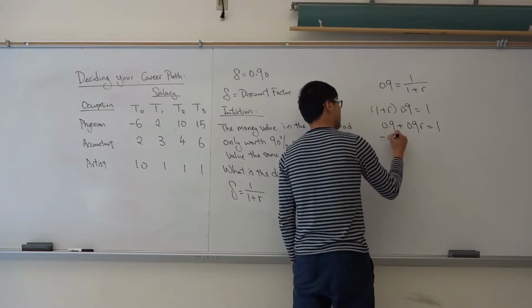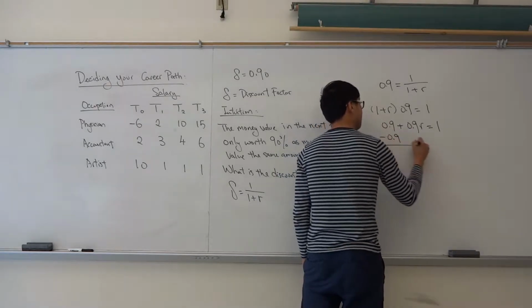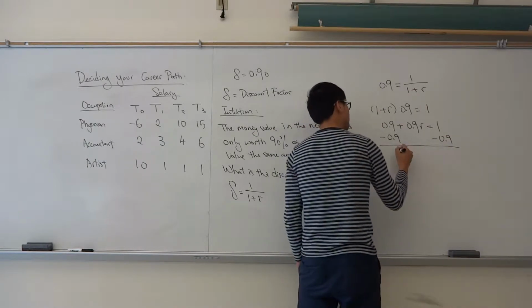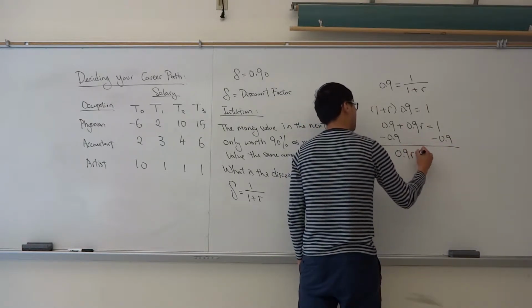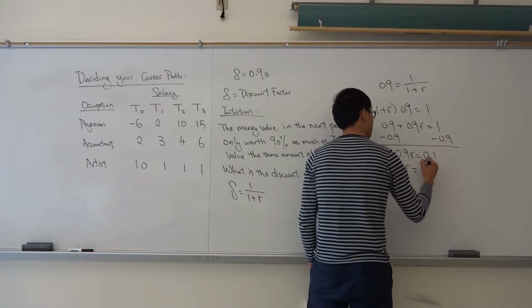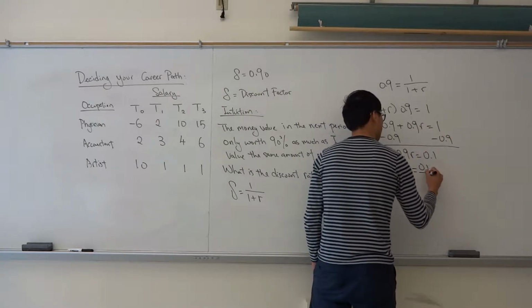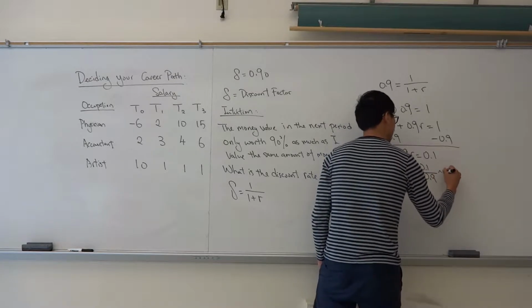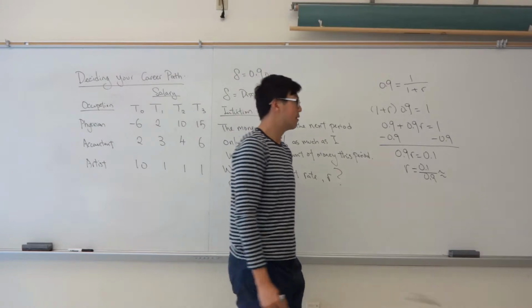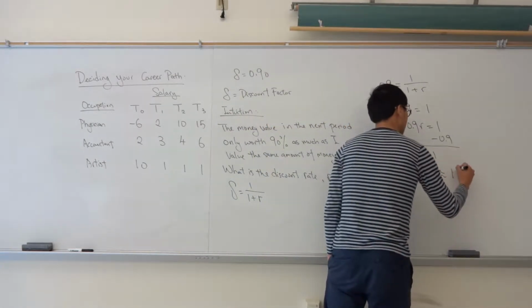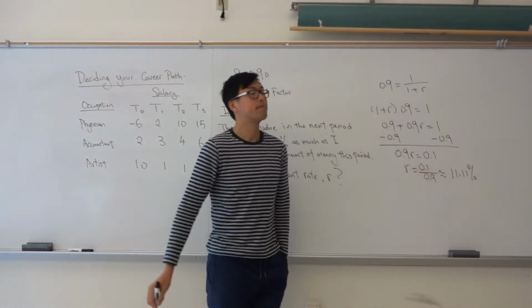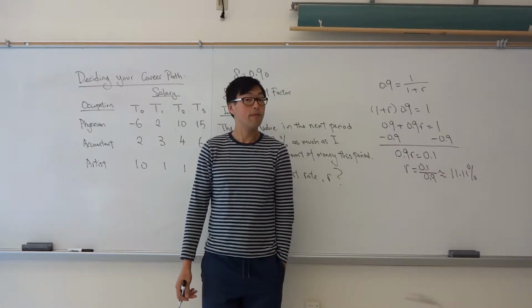Then you subtract 0.9 from both sides. You get 0.9 R equals 0.1. So R is equal to 0.1 divided by 0.9, which is approximately 11.11%. Hopefully you're getting the right answer.